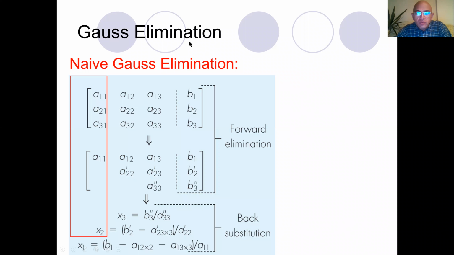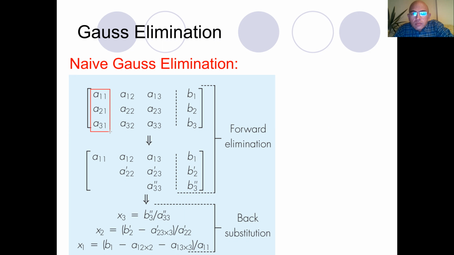Let's look at it from this 3 by 3 matrix. So this is my system of equations with the right hand side, and I want to apply the pivoting. In fact I want to eliminate the coefficients related with x1. So I just look at the first column in this case, and I look at the values. I choose the largest one.